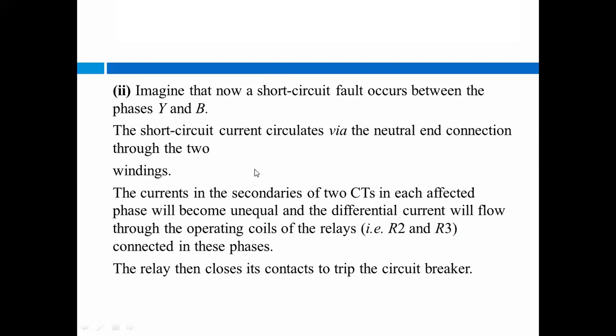So that current will flow via the neutral connection through the two windings. The currents in the secondaries of the two CTs in each affected phase will become unequal. Which phases are we using here? The phase fault has occurred in the Y and B phases. In the R phase, the earth fault occurred. In the Y and B phases, the phase fault occurred.